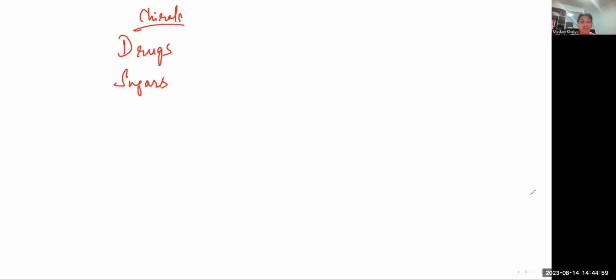How does it have anything to do with chirals? These are forms of sugars, and sugars also can be classified under chirals. Here we have to see whether they possess optical activity or not.